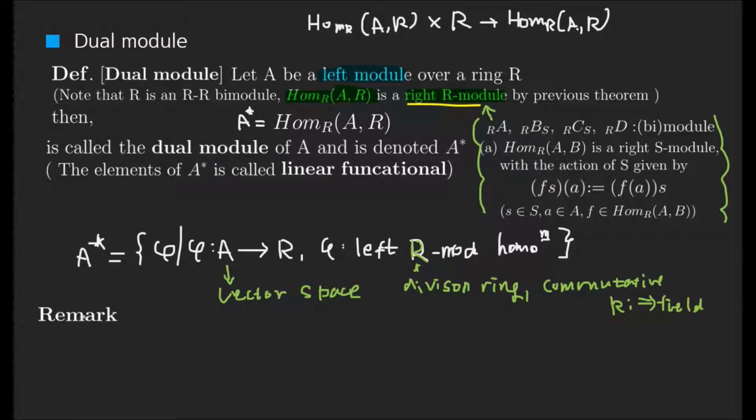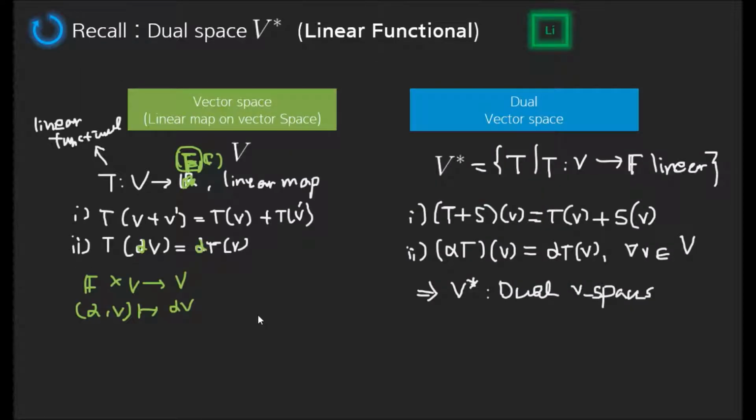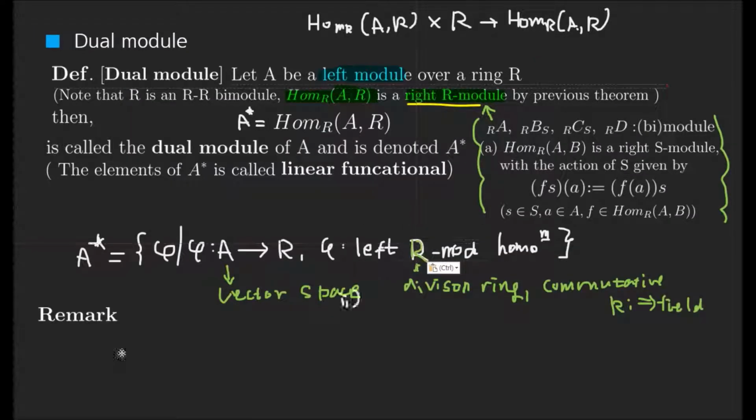I want to make some remarks on these statements. Let's see when we consider the dual vector spaces. That's the second property. Why is this second property used? In this case, scalar alpha times phi of v is here.